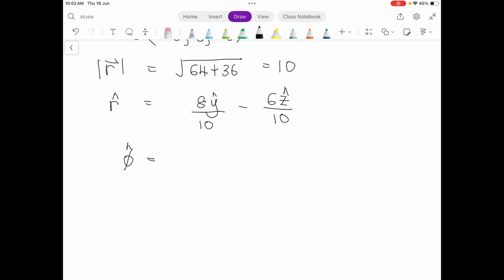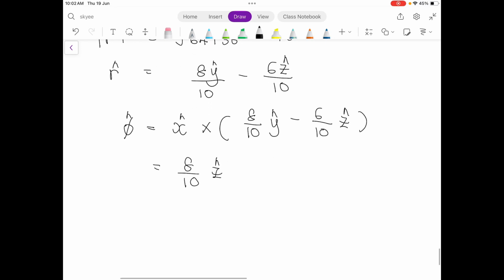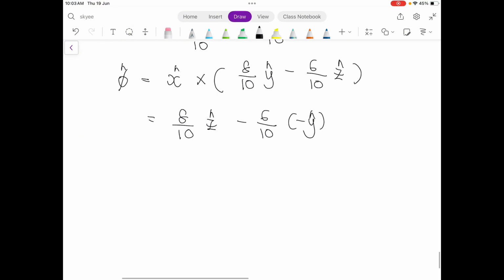The current now flows in the x direction, and we cross product it with our unit vector r. So x cross y gives you z, 6 over 10 z, and minus x cross z gives you negative y, so it will become positive y, 8 over 10 y.